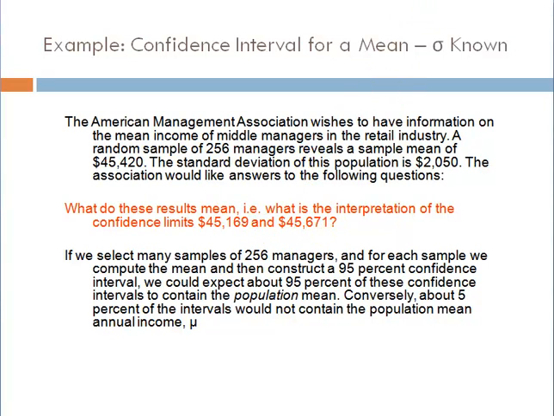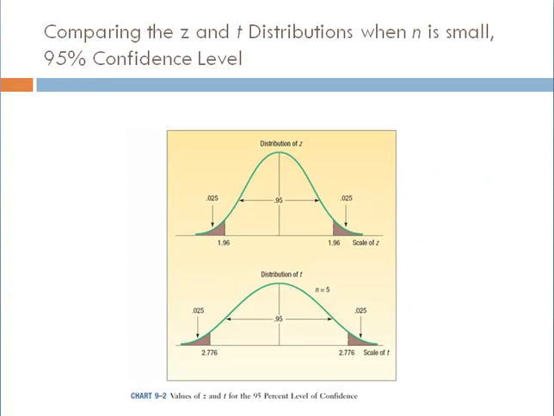Okay, the following slides introduce how we apply the t-distribution, another distribution just similar to the z-distribution, but we need to use it in a different situation. But as I said, it will not be covered in this course.